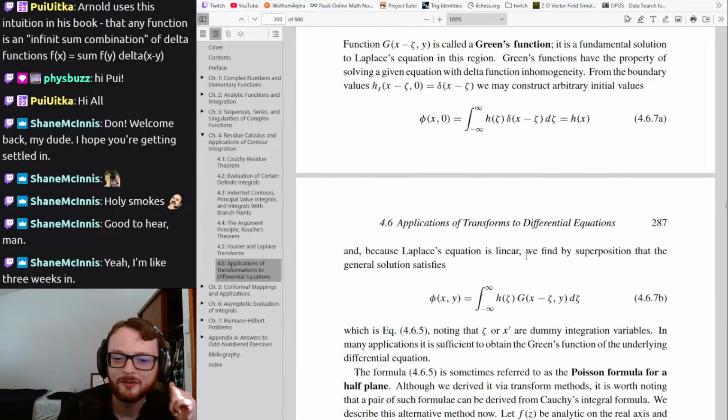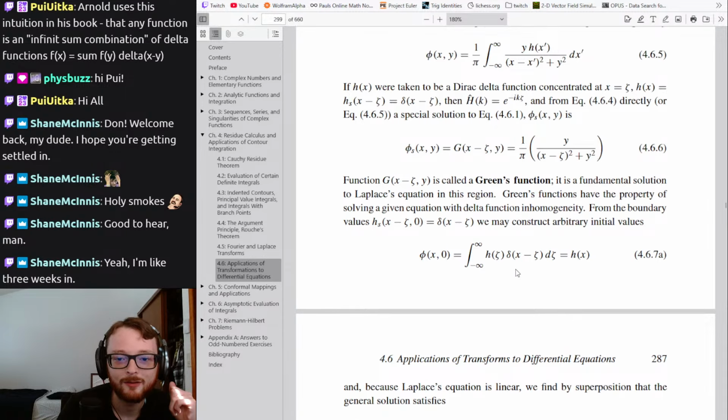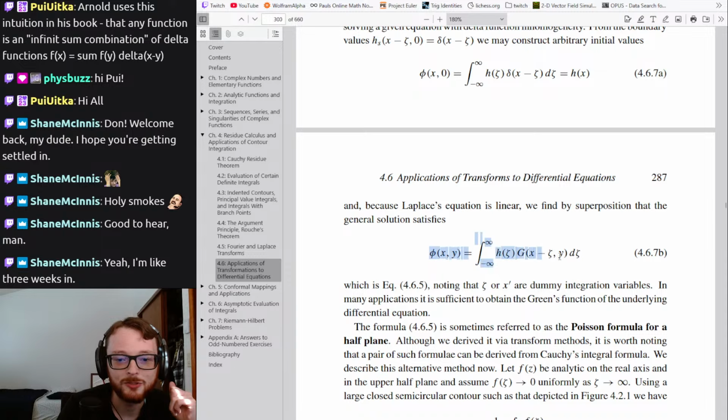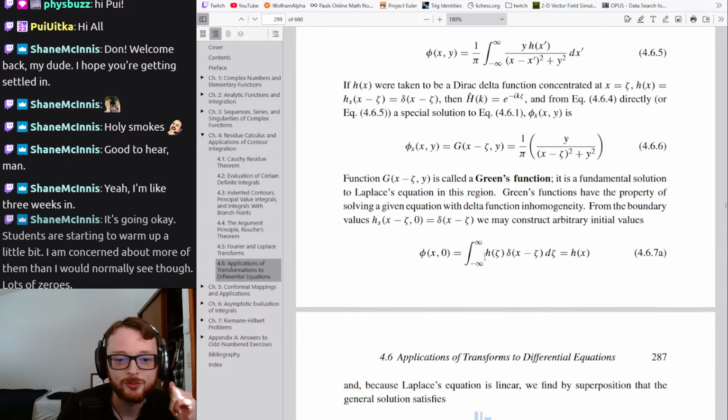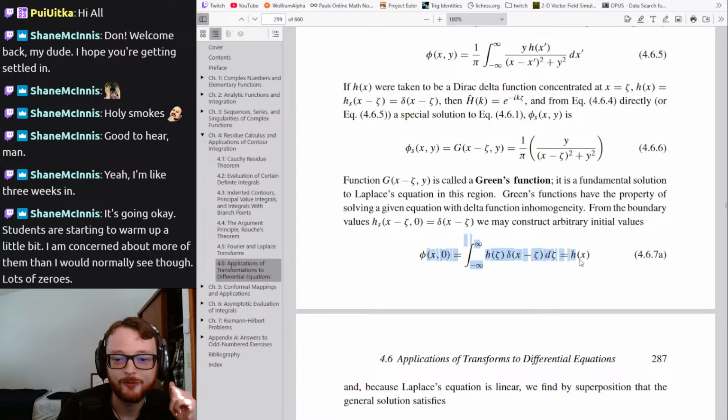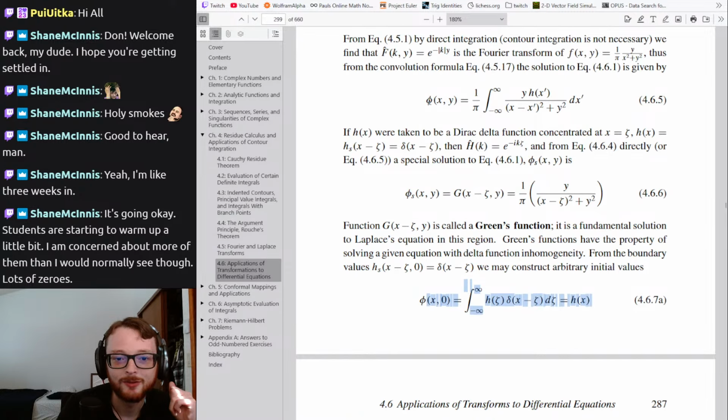Oh, wait. Is this okay? I think this equation is some messed up mishmash of this equation and this equation, or this equation and this equation.